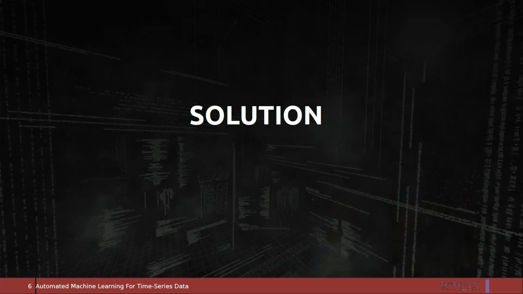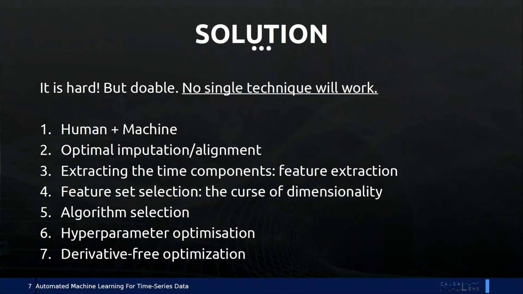And we provide a solution for this. The way we do it is hard, but it's doable. There is no single individual technique that just solves it out of the box. So we don't come with deep learning and say, we throw it into a deep learning network and we get a solution. We don't go back to econometrics because that doesn't perform as well either.